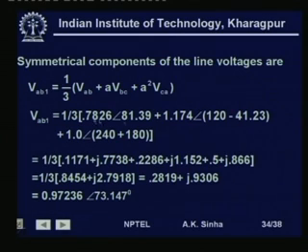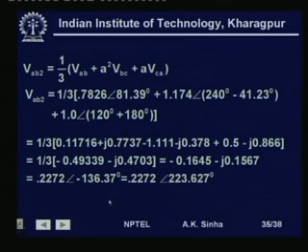Here A is equal to 1 angle 120 and A square is 1 angle 240. Adding them together by converting them to rectangular coordinates, we get this result for VAB1.